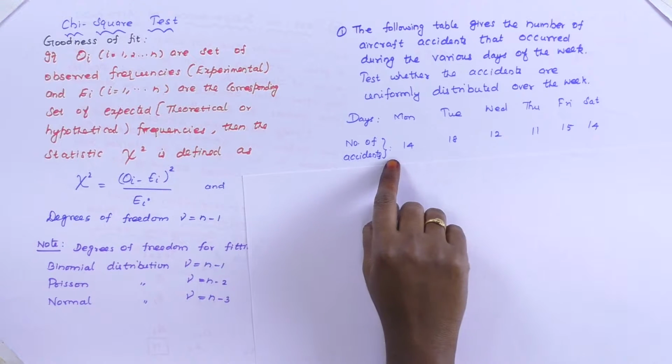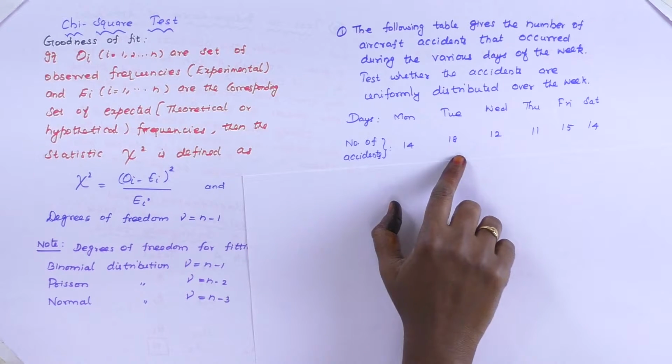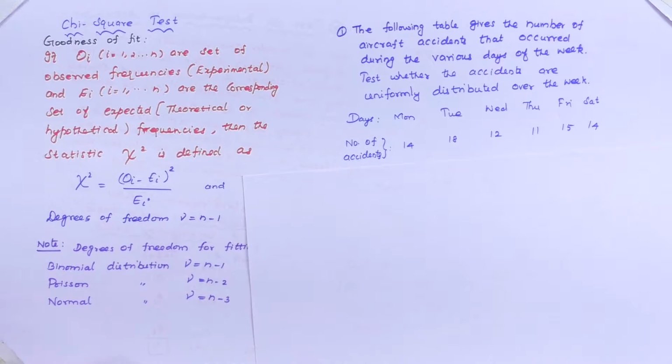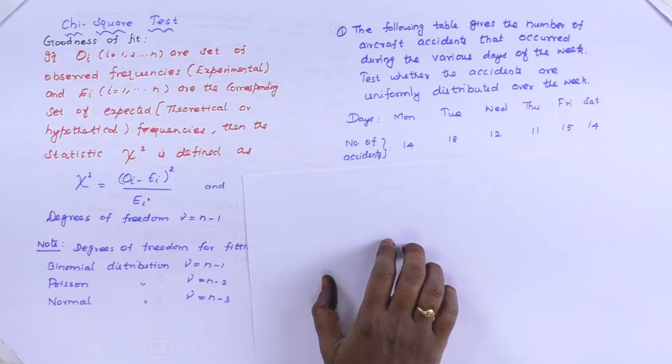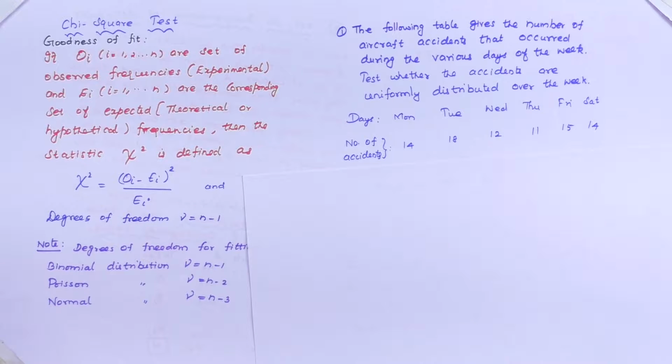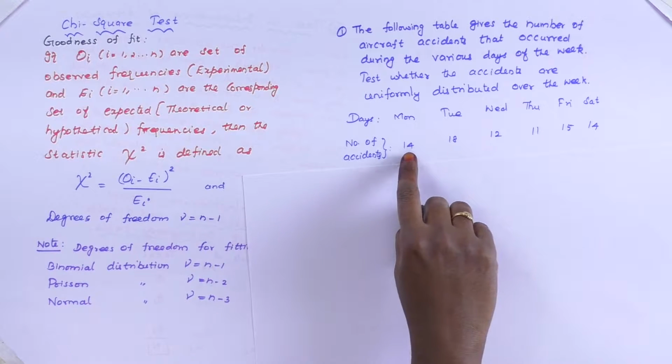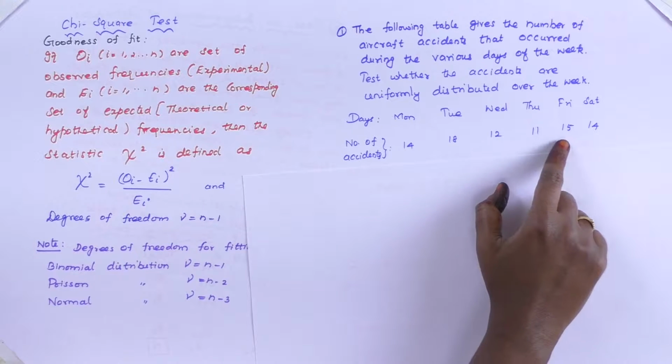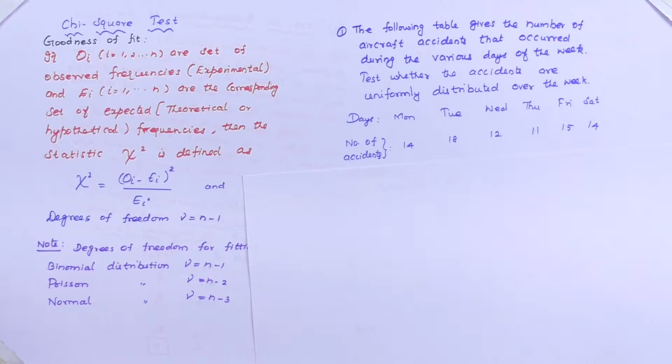Here the given data are the observed frequencies. That is, Oi equals 14, 18, 12, 11, 15 and 14. Now we want to calculate the expected frequencies. The expected frequency is the total frequency divided by the number of days. The total frequency is the sum of all these values: 14 plus 18 plus 12 plus 11 plus 15 plus 14, which gives 84.